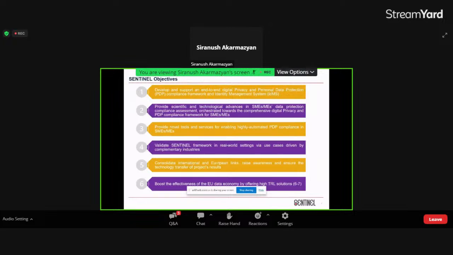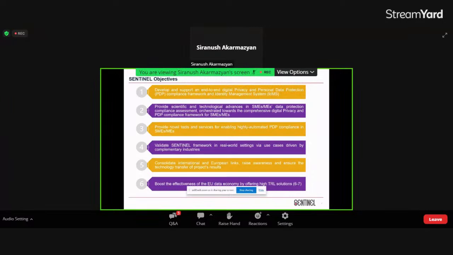Okay, the objectives. We have 6 distinct objectives, and we try to accomplish all of them by the end of the project. The first one is to develop and support an end-to-end digital privacy and personal data protection compliance framework together with the identity management system. To provide scientific and technological advances in SMEs and MEs' data protection compliance assessment, to provide tools and services that can help SMEs enable automated personal data protection compliance.